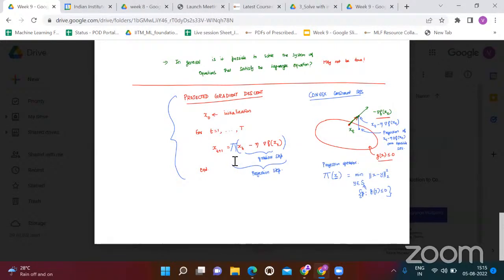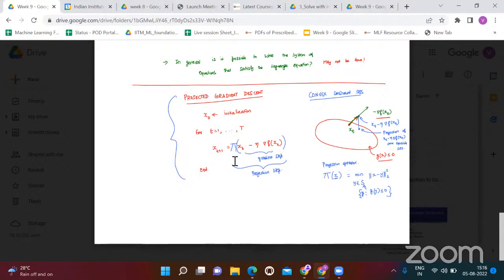We were updating the value of x with the decrement of x, decreasing in the descent direction, where descent direction means where we are able to see some x where the value is decreasing. Each and every step we were updating with some eta, and eta was representing the step size or step count, whatever you want to say.